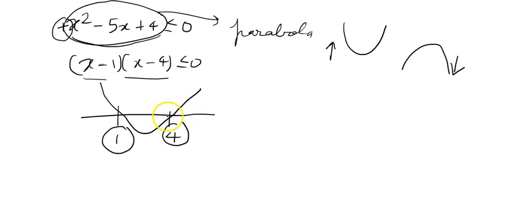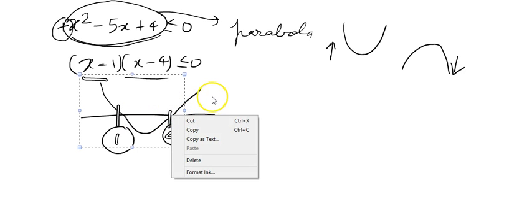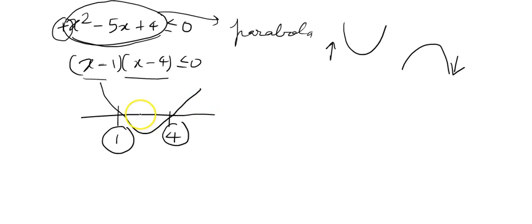Now if you just see this parabola over here, it is below x-axis, so here parabola is negative, and over here parabola is above x-axis, so here it's positive, and here also it's positive. Now to solve this, we see this sign, that this expression is less than equal to 0.